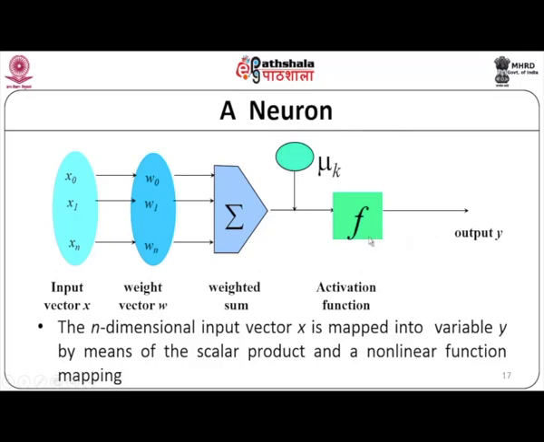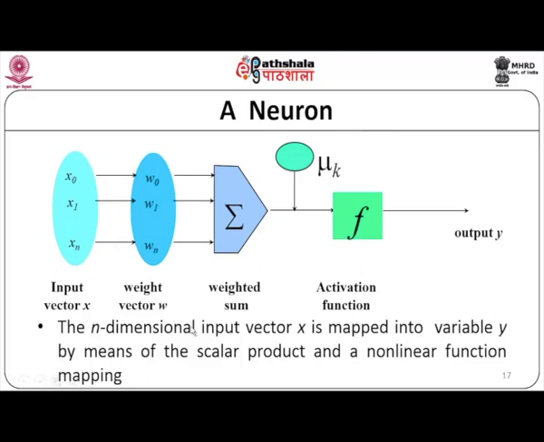So, you have an activation function f that will push all the inputs to the next layer. So, the input to the neuron is going to be an n dimensional vector. Any data set that you want to provide as an input to a neural network, you will have to convert that into an n dimensional vector, and accordingly it may be provided as an input.